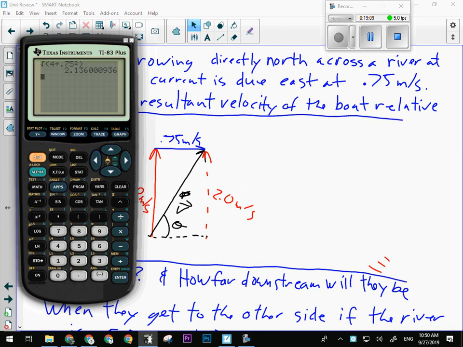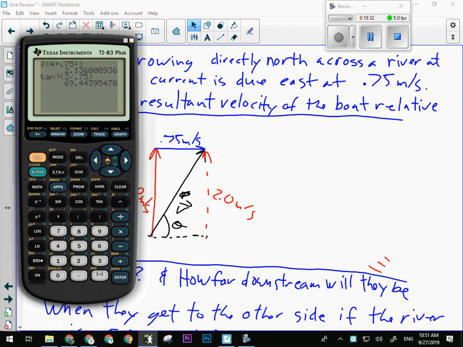So the resultant velocity is 2.1 meters per second, and the angle is going to be inverse tan of 2 divided by 0.75, which is 69 degrees. That would be north of east, because they actually gave me north and east in the question. Everybody all right with that?